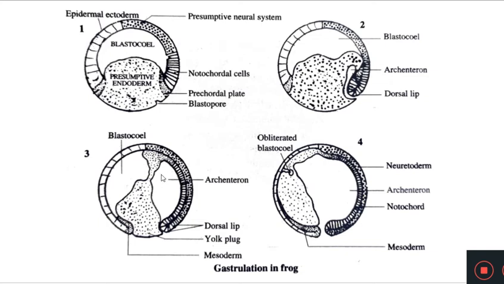So the Archenteron is now having an anterior wall made of the pharyngeal endoderm, then the precaudal plate, then the notochord which is occupying the mid-dorsal roof of the Archenteron, and the other sides will be occupied by the endoderm. The mid-dorsal side will be occupied by the notochord, whereas all the other sides of the Archenteron will be occupied by the endoderm, because you have to imagine this is only a section.